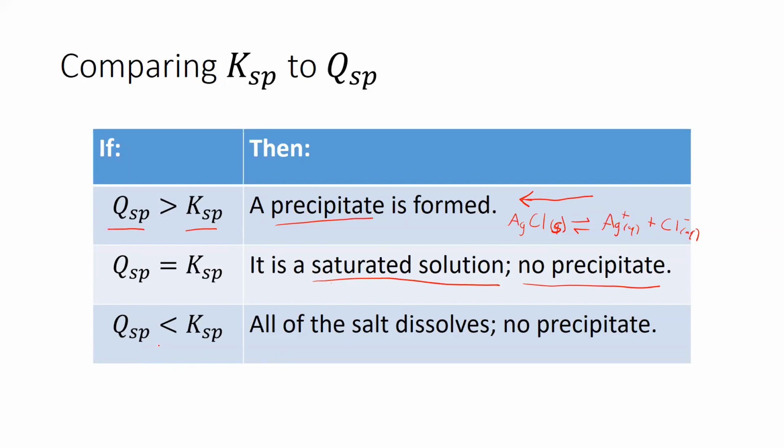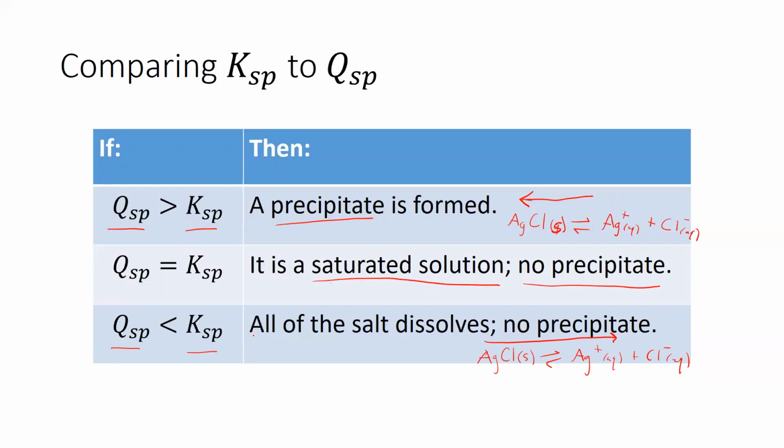Now, in the other situation, if Qsp is calculated to be less than Ksp, well, if we think about that silver chloride reaction, where it dissociates, this says that if Qsp is smaller than Ksp, this reaction is going to proceed from left to right.